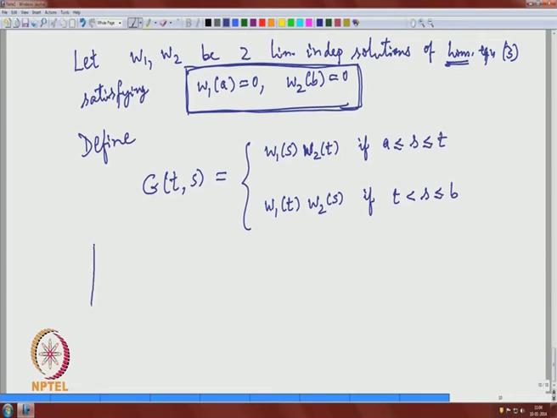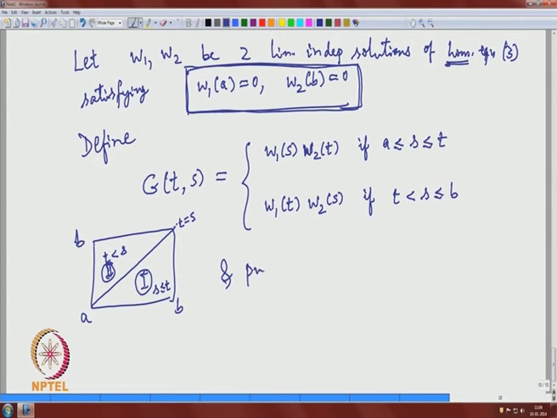If you take this square a b, this is the line t equal to s. In one portion s is less than or equal to t, and here t is less than s, that is the second portion.